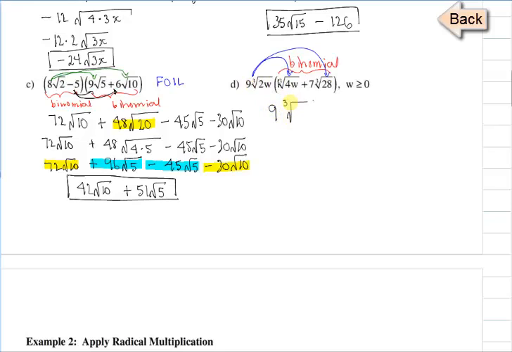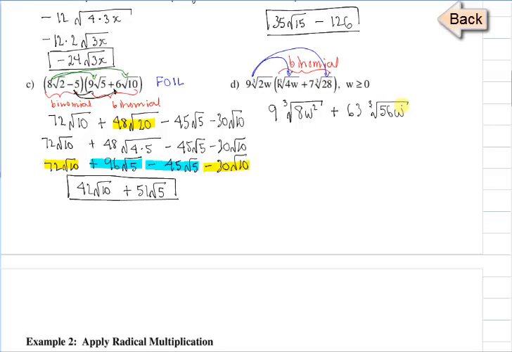And then we multiply our radicals, so 2w times 4w, which is 8w squared. And then plus 9 times 7, which is 63, and then the cube root of 2w times 28, which is 56w.